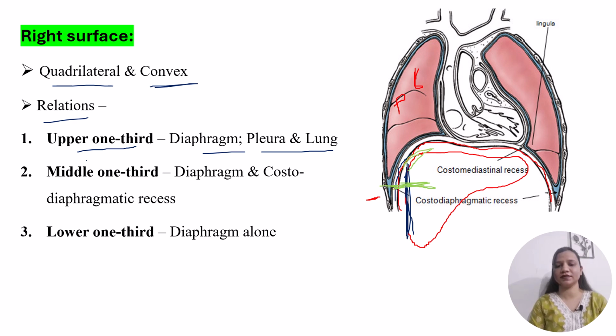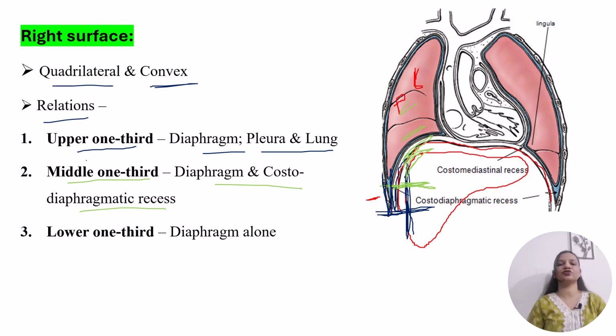This is the diaphragm, pleura, and lung. The middle one third is related with the diaphragm and costodiaphragmatic recess, which you can appreciate here. The middle one third, that means this portion, is related with the diaphragm. This is the diaphragm, and this is the costodiaphragmatic recess.